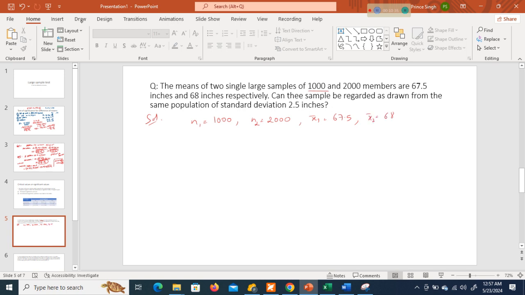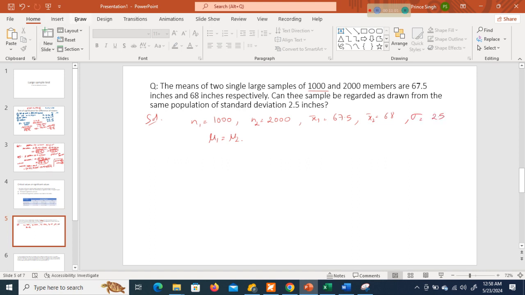Can the samples be regarded as drawn from the same population of standard deviation 2.5 inches? Same population means mu1 should be equal to mu2, because both samples are drawn from the same population, so their population means should be the same, and the population standard deviation is given as 2.5.